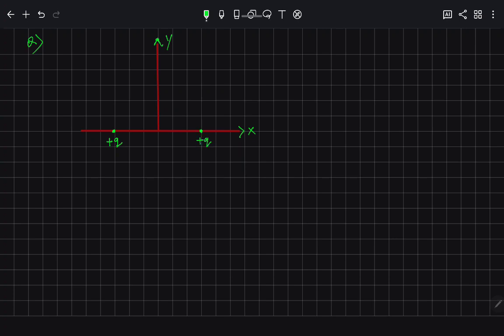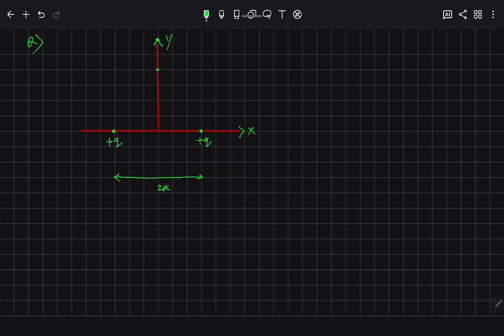Plus q. Okay, I want to find out the electric field somewhere here. So let's take this whole distance from here to here as 2a.